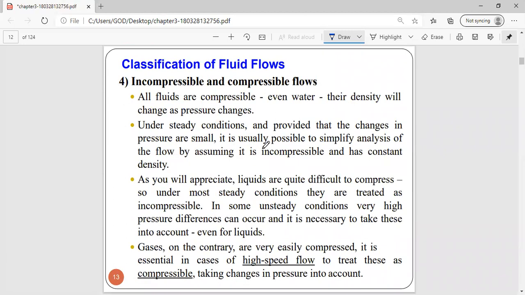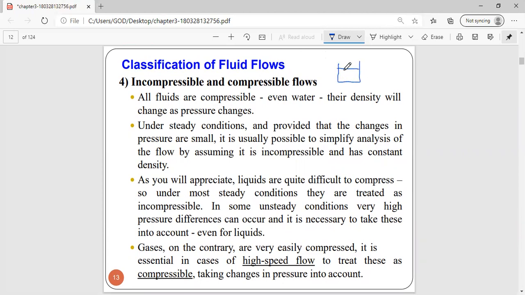And there are two more flows. Actually, there are a total of 6 types. I'll discuss them at the end while writing a total summary. Compressible flow and incompressible flow. So I have a bucket of water, and I have a piston arrangement here. If I apply force on that, will it compress? I have a balloon, a rated tube, and I'm sending air inside.